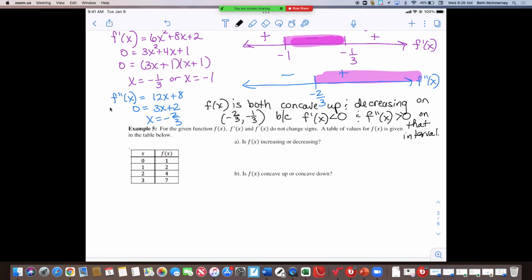A table of values for f of x is given in the table below. So I want to pause a moment and give you a little time to think about this. In part A, is f of x increasing or decreasing? I think that's Captain Obvious from the table, right? And then B, is f of x concave up or concave down? You have to do a little further thinking. So try those.